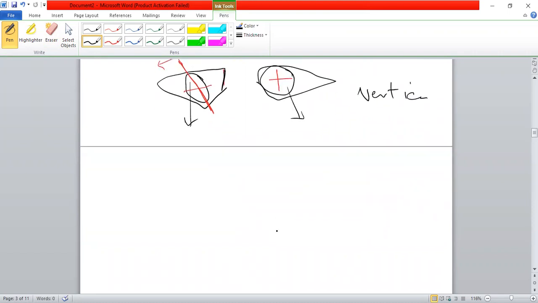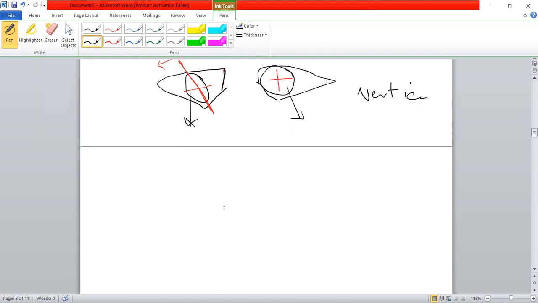When the patient comes to you, he will tell you, doctor, over a period of time I have come up with a solution. You will ask him what? He will say, whenever I tilt my head to the opposite side of the lesion, my diplopia vanishes.